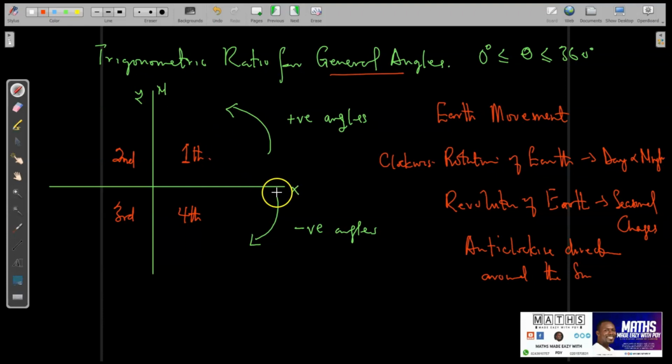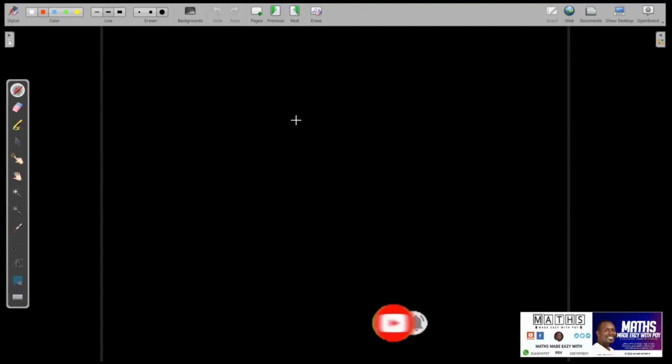For trig ratios, any angle read from the positive x-axis in the clockwise direction gives what we call negative angles, and in the anti-clockwise direction gives positive angles. Am I clear? If you have any question, you may ask before I move on. It's very important.